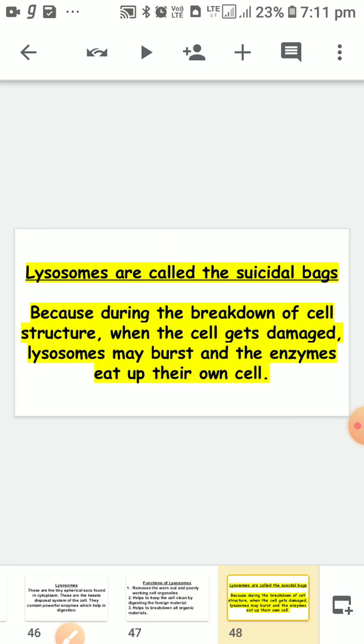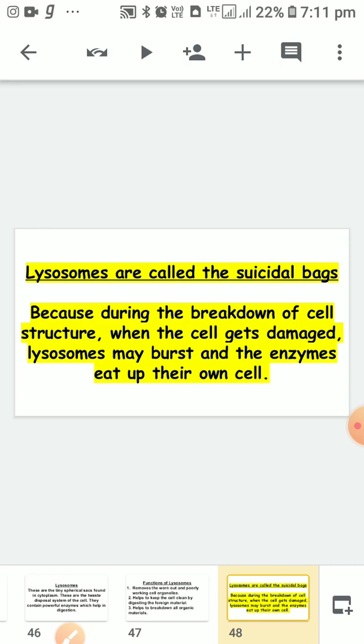Now children, if you are having topic lysosomes, one important question is asked in exams: why lysosomes are called the suicidal bags? So I am telling you the answer also. Because during the breakdown of cell structure, when the cells get damaged, it may burst, and the enzymes which are present in the lysosome, they eat up their own cell.